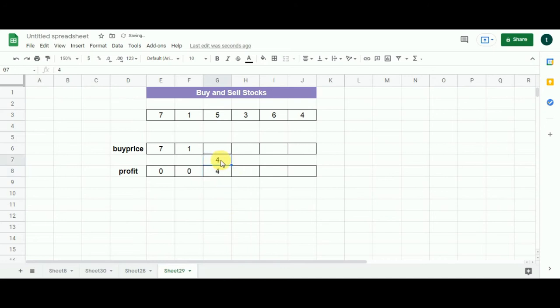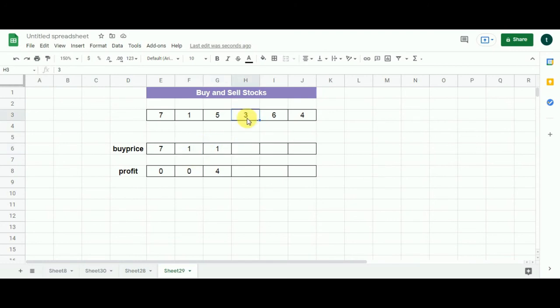And what will be the value in this cell of the buy price array? It will be the minimum of 5 and 1, which will be 1 obviously. To remind you, we are interested in buying the stock at a price as low as possible, and that is why we are taking the minimum price ahead.